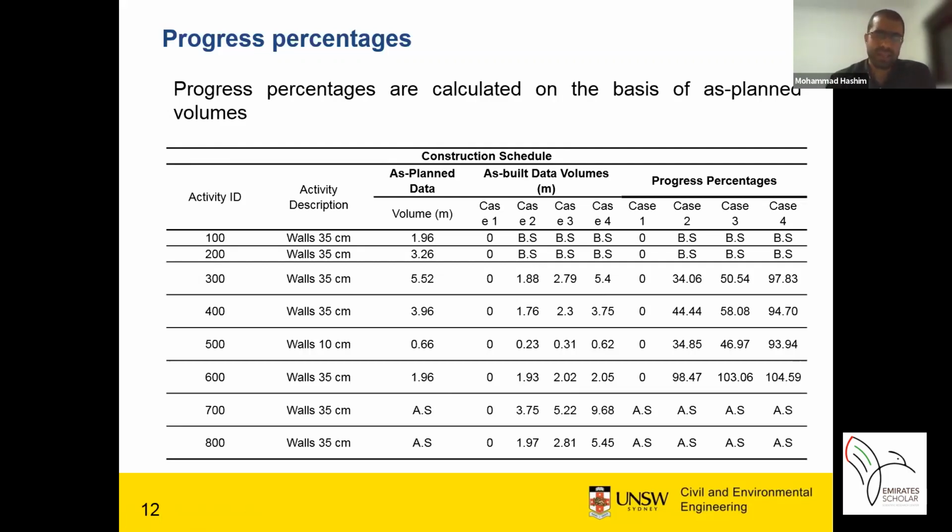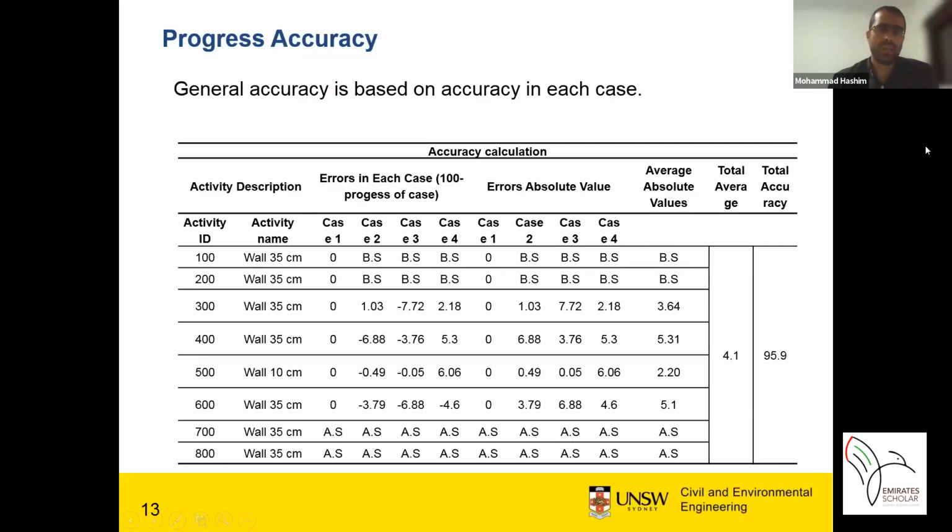The progress percentage, as you see, is in the last column in case 4. They are not exactly 100%. They are somewhat more than 100 in some cases, and in some cases less than 100. So that's why we need to calculate the error in each case.